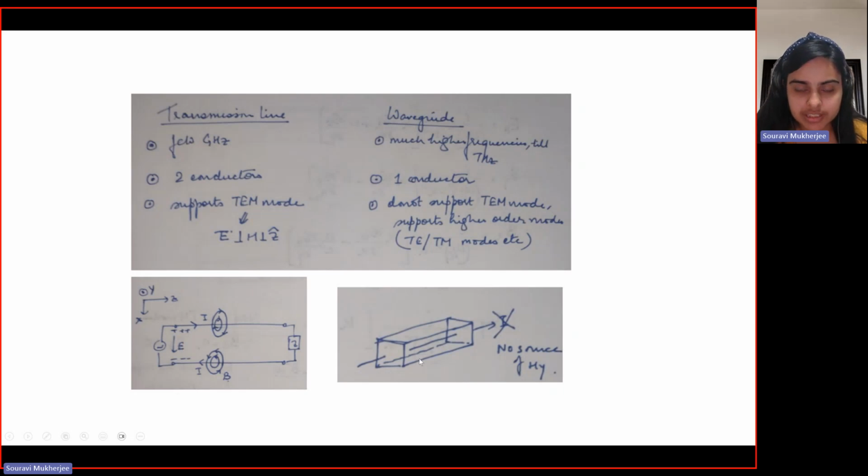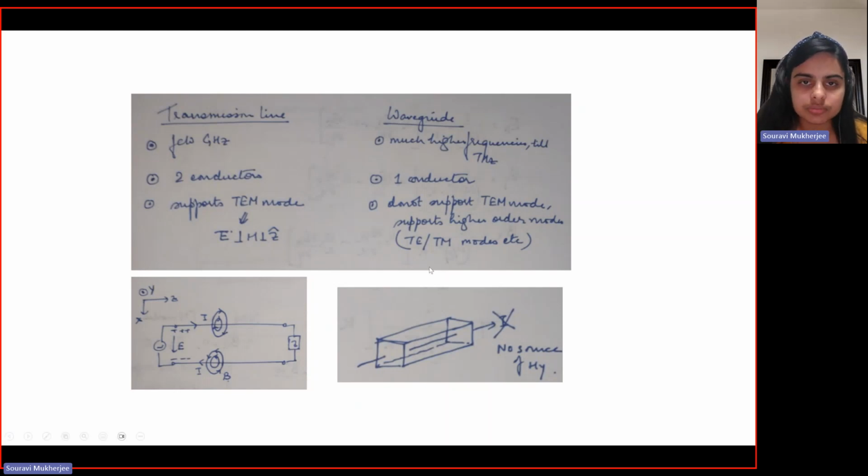Why in cases where there's just one conductor, TEM modes are not supported. What we get is transverse electric or transverse magnetic modes. It supports various higher order modes, but TEM mode is not supported. And we'll see that based on the dimensions and structures of the waveguide, one can use it till much higher frequencies, at least in the terahertz range.